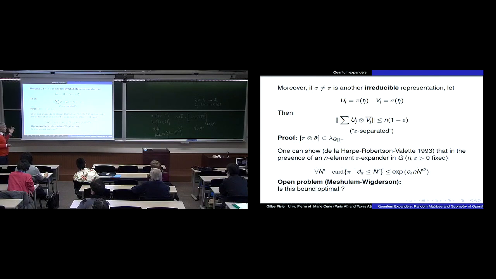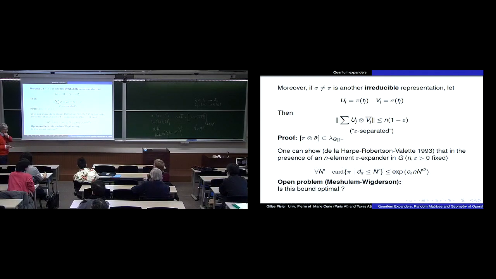And since it is included, that means that this representation has this matrix as a block matrix somehow. So every norm that you compute with this will be less than the same norm computed with this. So it tells you that the norm here will be less than the same thing where you replace this representation by this one. And this is then the spectral gap of the expander.